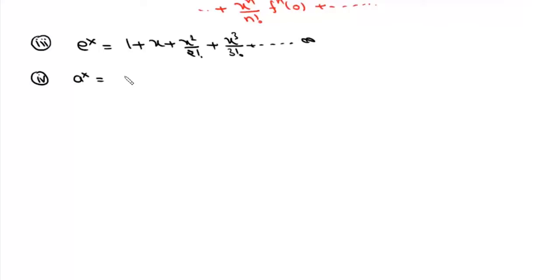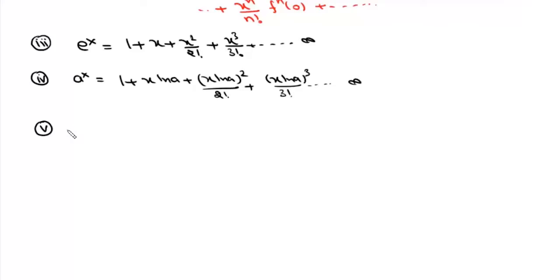Now the expansion of a to the power x is 1 plus x log a plus x log a whole square by factorial 2, x log a whole cube by factorial 3, up to infinity.